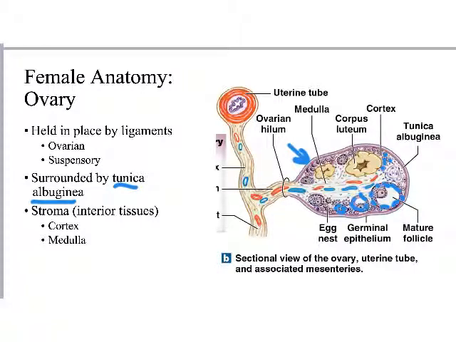The inner part of the ovary is called the stroma, so that's pretty much everything you see on the inside. And the stroma is separated into a cortex and a medulla, and we've seen those terms before, like with the adrenal gland, for example. The cortex is always the outside, and the medulla is always the inside.